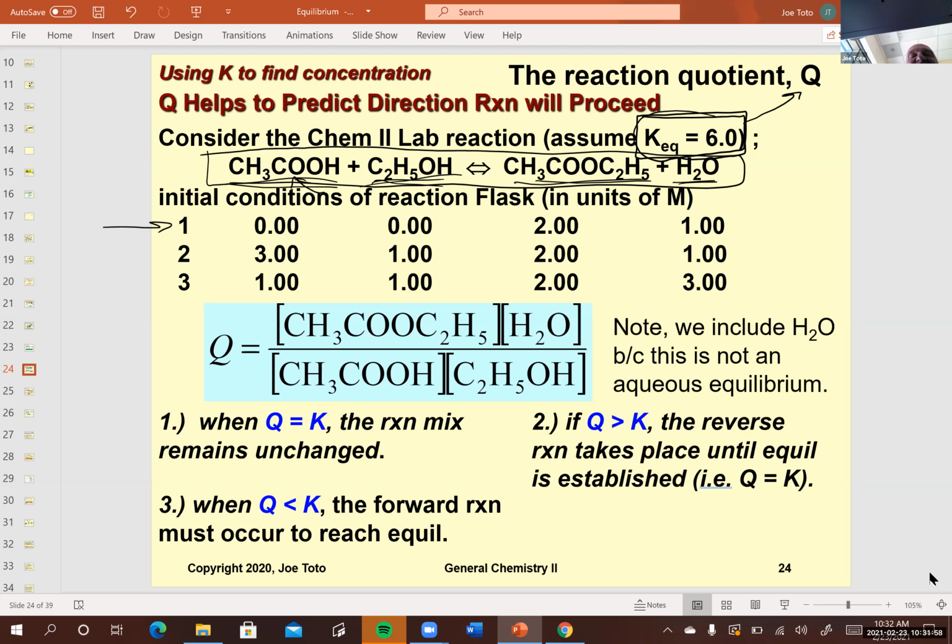Yeah, because you can't take nothing and make something from it, right? But while we're here, I just want to go back to that thing we were talking about a little while ago. Say instead of 2 for the ethyl acetate, what if they gave you 0 and asked you which way would this reaction shift? It's a trick question.